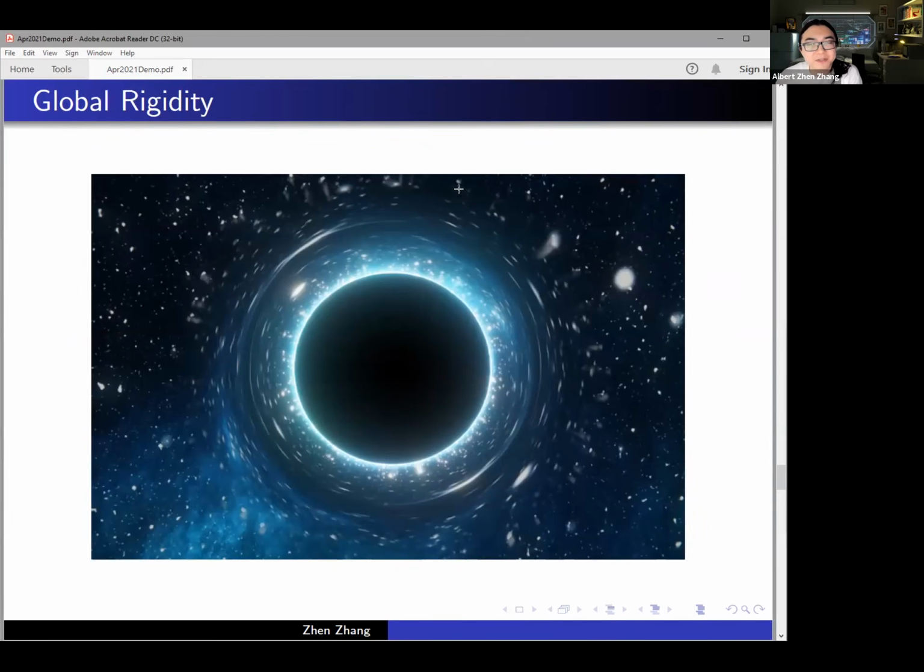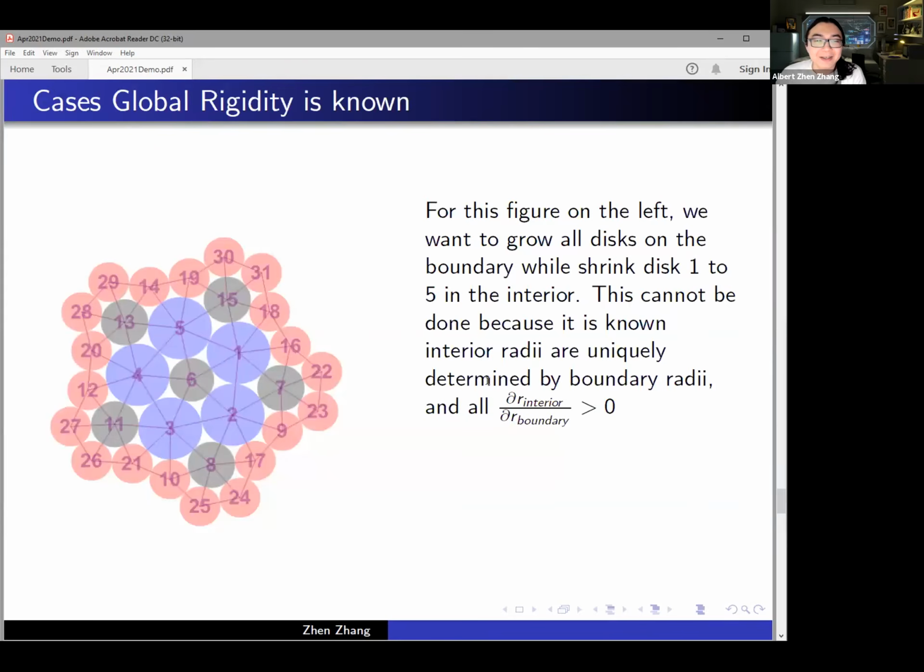The next business is global rigidity, and here's a picture of a black hole. I'm using this picture because global rigidity feels like it's just sucking my energy in, and there's barely any outcome coming out of it. But it's not completely black. Some configurations are globally rigid. For example, for this figure on the left, we want to grow all the disks on the boundary and shrink the interior, and we have 6 free disks.